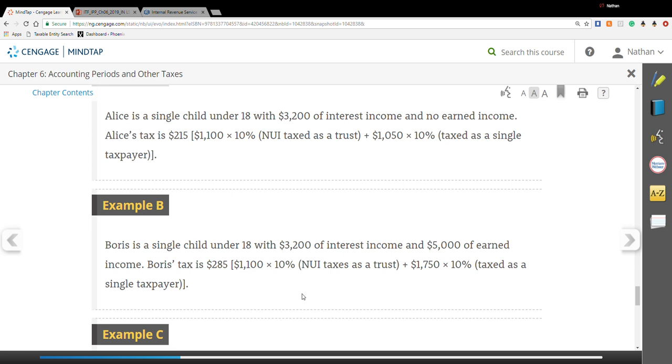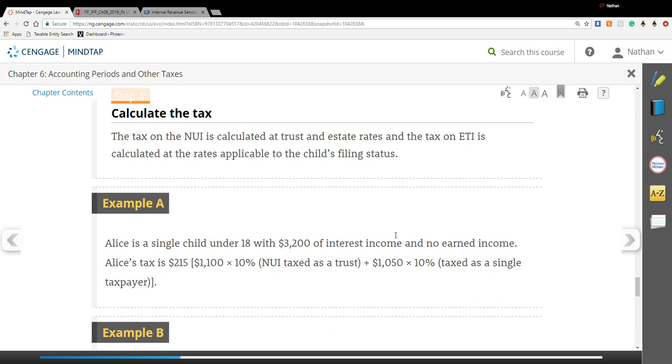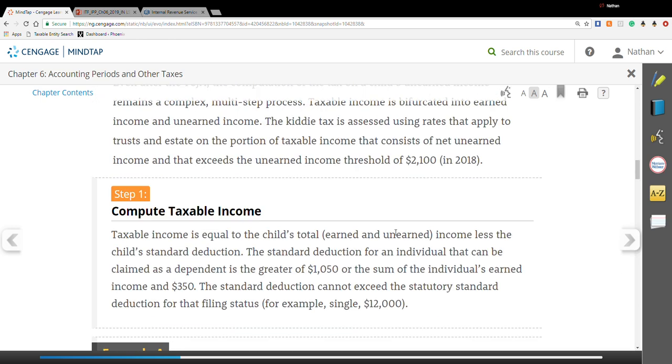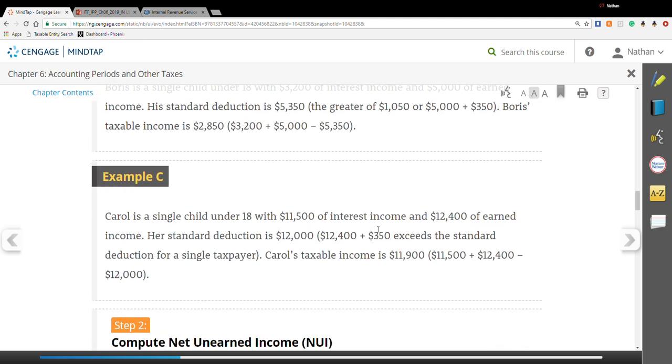Now, Boris has basically the same tax right here, 1,100. Again, he's at 3,200, but using this table, we're basically looking at what our NUI is. And since it falls in this bracket right here, that's why we use 10%.